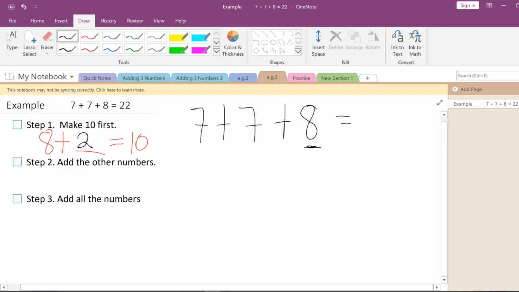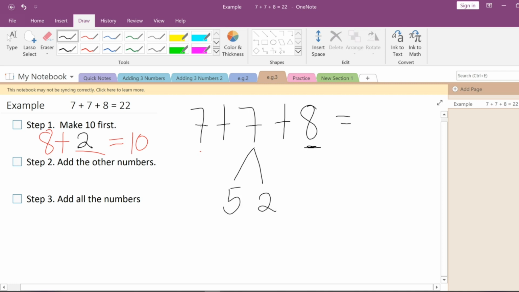So where do I get number 2? I can get number 2 from this 7, or I can get number 2 from this 7. I think I'll choose the other 7. So let's make a number bond for 7. So we have 5 and 2.